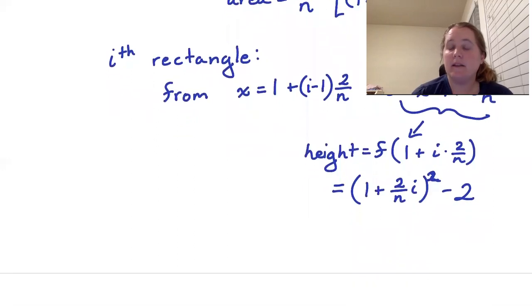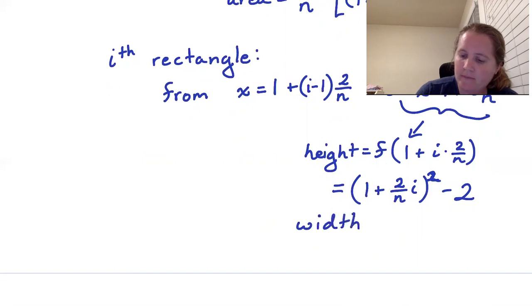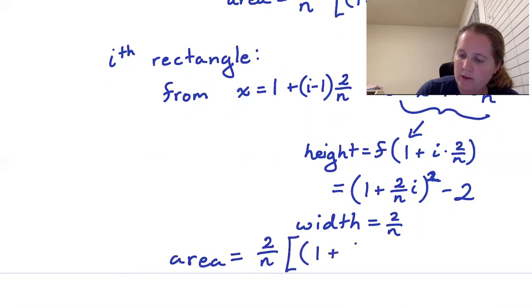So this is the height of the ith rectangle. Again, the width is just that 2 over n. So we have the area will be 2 over n times 1 plus 2 over n times I squared minus 2.